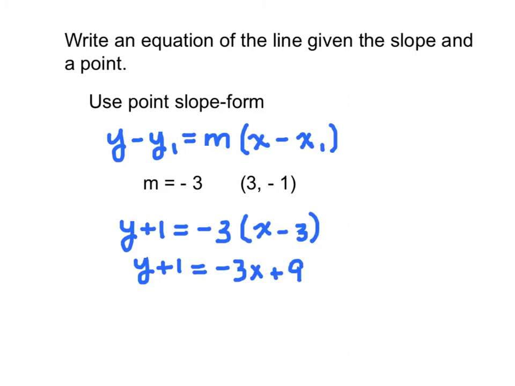So I'm going to be subtracting 1 from both sides. Subtract 1 from the left side and then subtract 1 from the right side. And when I do that, I'll have an equation y equal to negative 3x, and 9 minus 1 will leave me with 8. So this is my line in point-slope form, and this is my line in slope-intercept form.